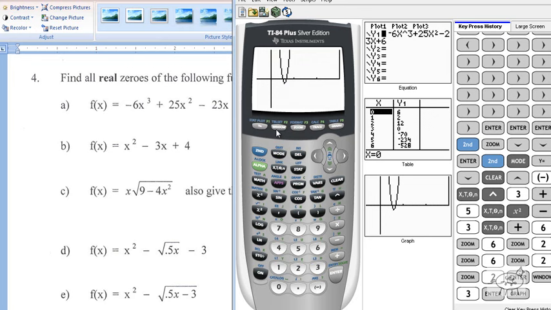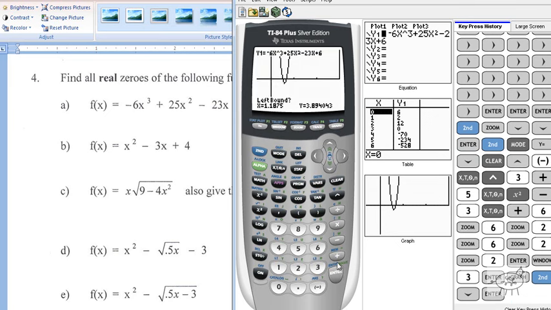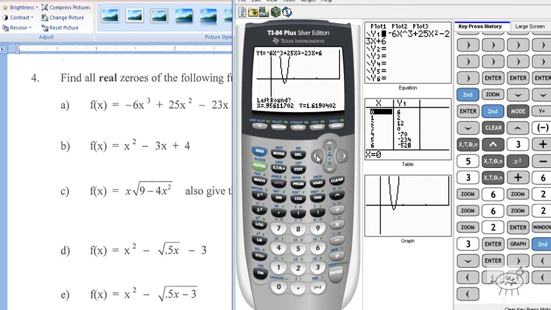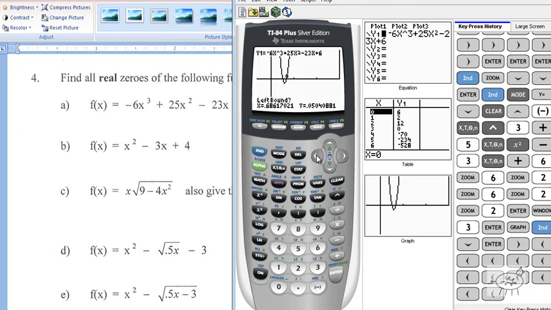And so let's do a couple calculations here. Let's find a 0. Okay, left bound. Okay, so there it is. Okay, there we go, left bound. So I want to find that first one.